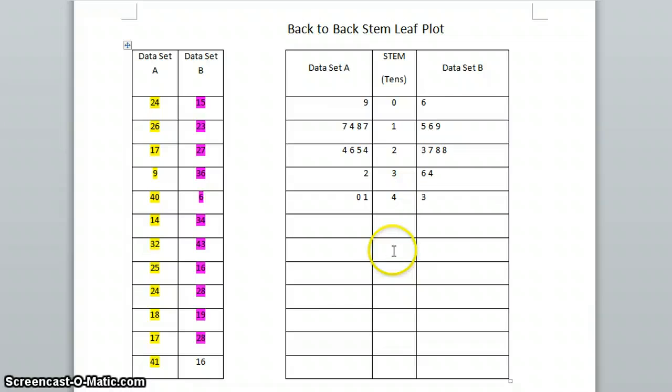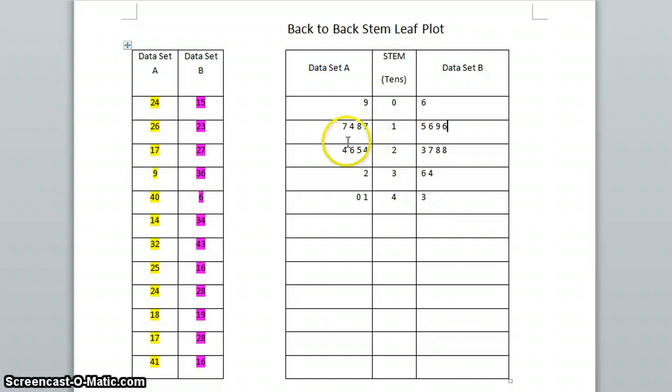So it tells me that I have 2 28s. And the last one for data set B is 16. 1 and 6. Again, you can see that I've got 2 16s at a glance.